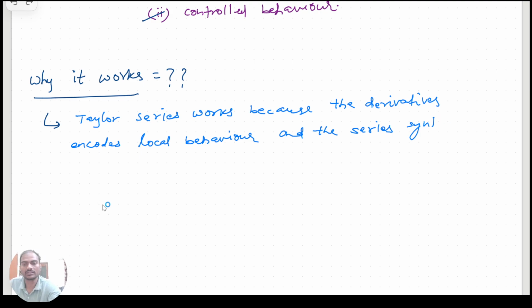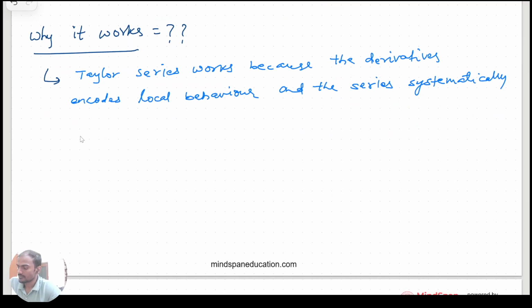और सीरीज, सारे जो लोकल बिहेवियर होते हैं वो एनकोडेड होते हैं डेरिवेटिव्स में, कि उस x इक्वल टू a पे वो फंक्शन कब मुड़ेगा, कब टर्न होगा, कब ट्विस्ट होगा, एवरीथिंग। एंड द सीरीज systematically builds here all local behaviors.